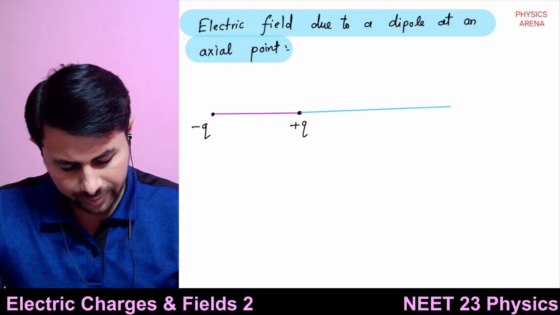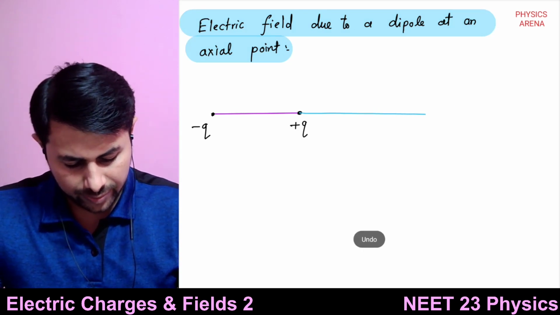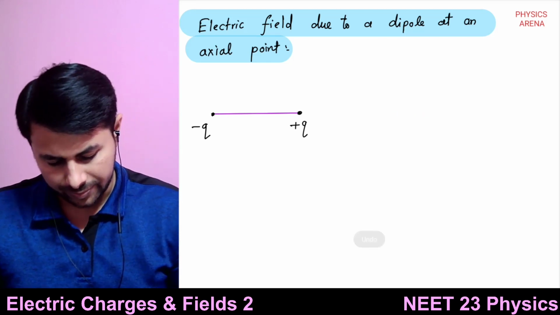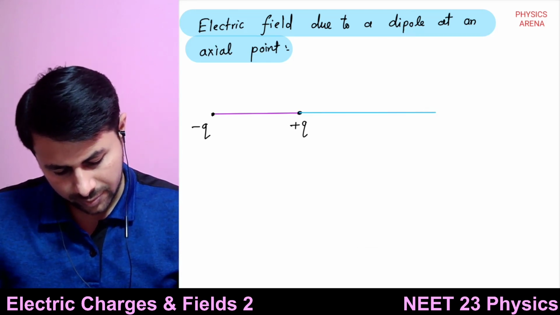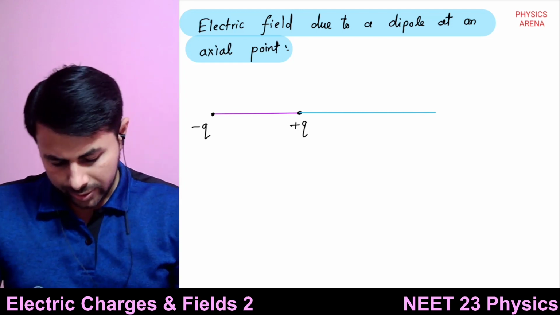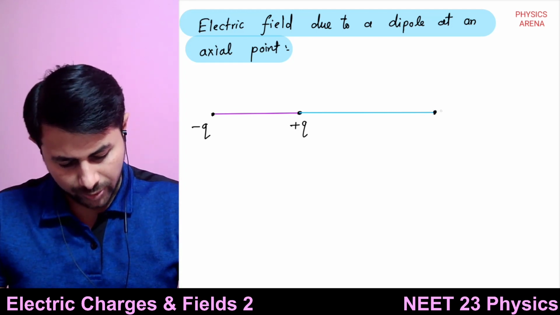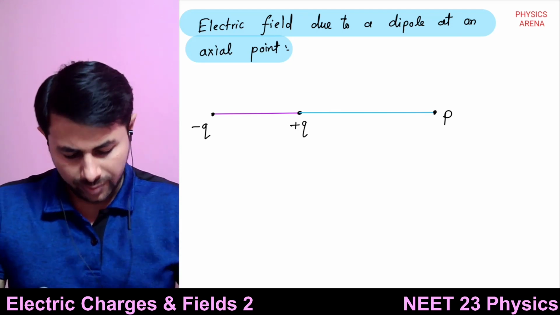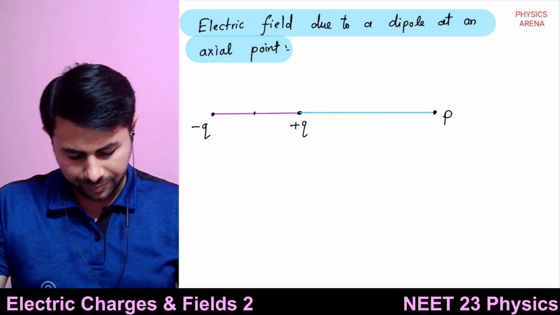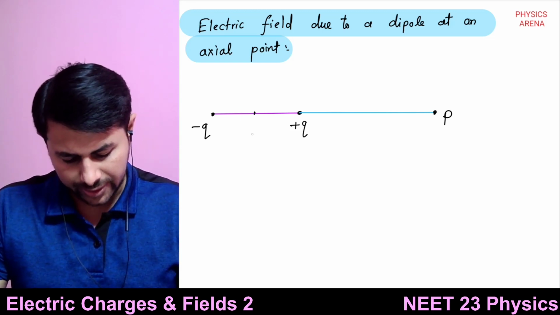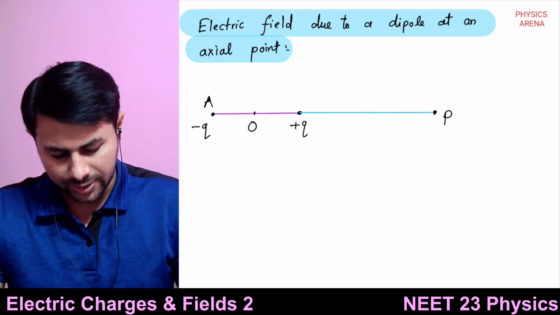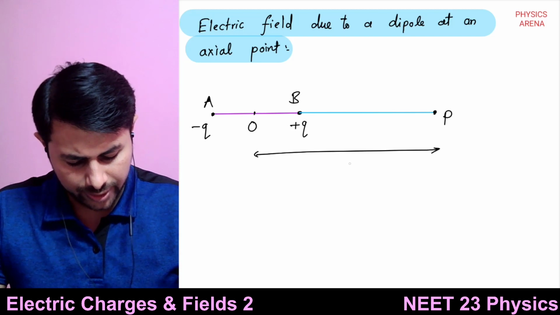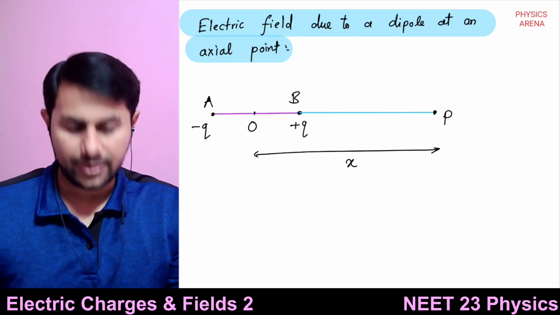An axial point is any point along the line joining these positive and negative charges. So let's suppose this is the point where we want to find the electric field. This is the point P, and it is at distance x from the center of the dipole. So this is point O, this is A, this is B, and this much distance is x.